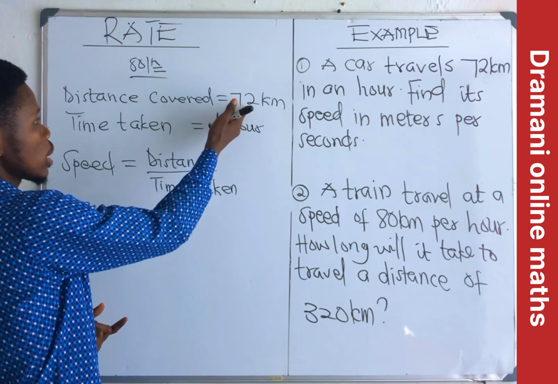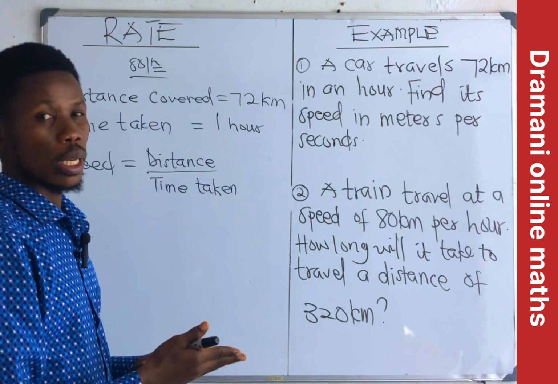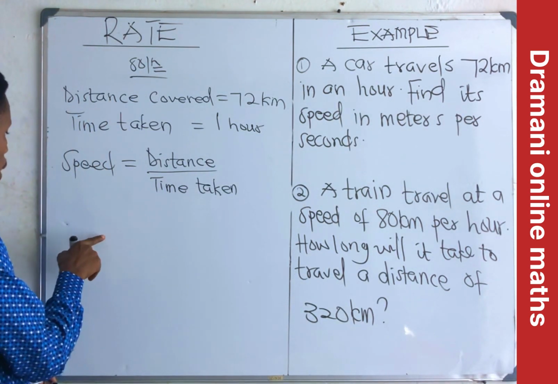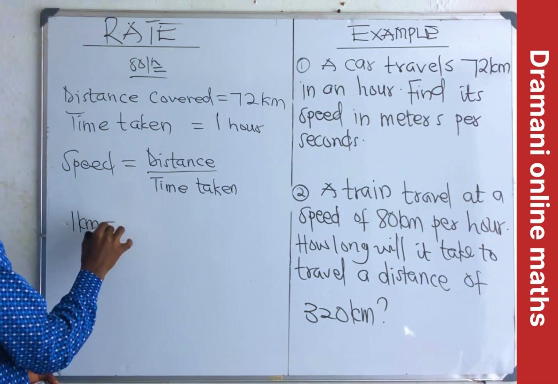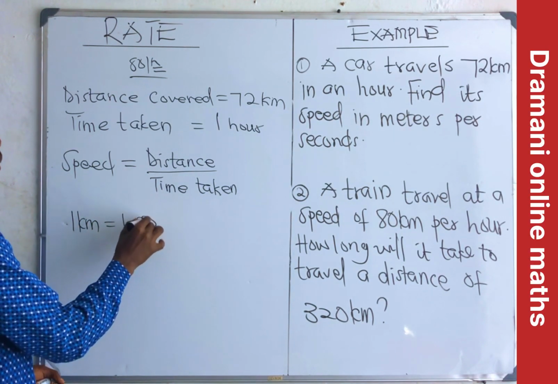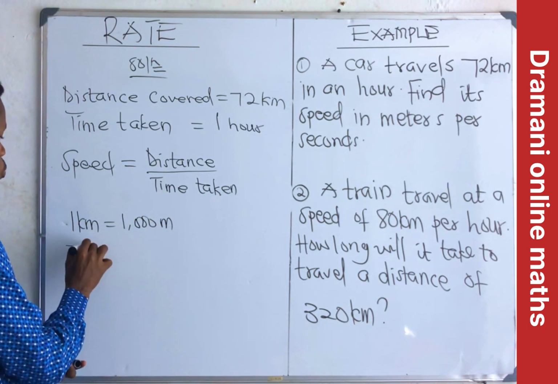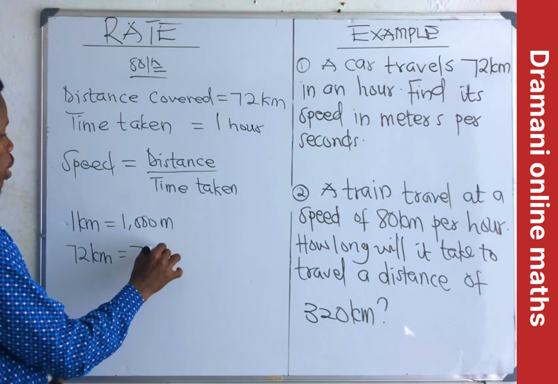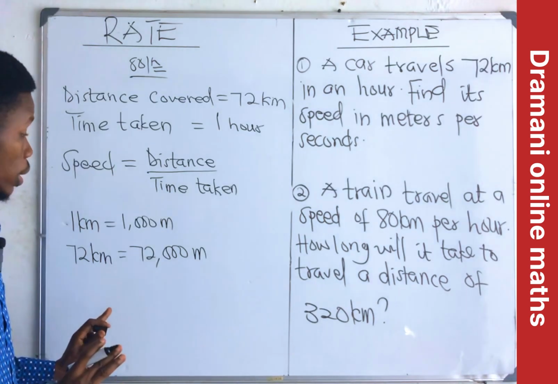So you need to change 72 kilometers to meters. You know that every 1 kilometer gives us 1000 meters. What this means is that 72 kilometers will give us 72,000 meters.